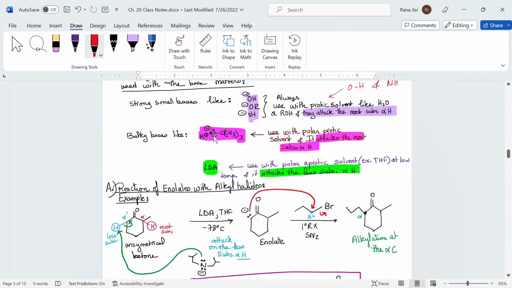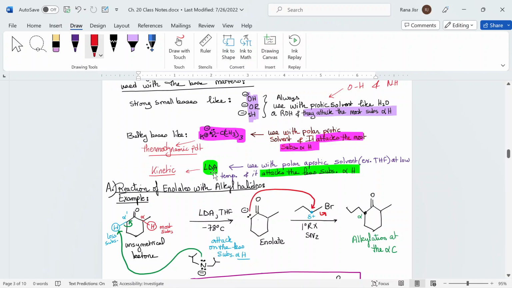Potassium tertiary peroxide works at a high temperature. So this is why whenever we are working with LDA, LDA always is going to form the kinetic product. And potassium tertiary peroxide is going to form the thermodynamic product.